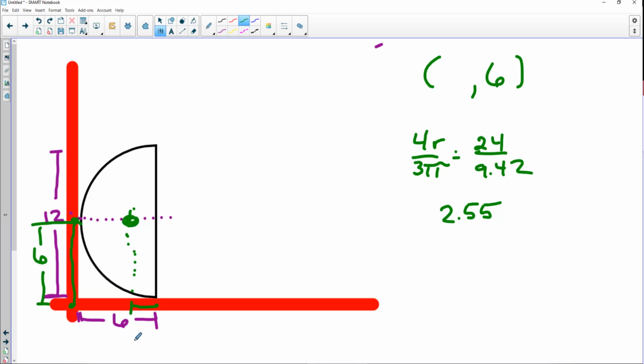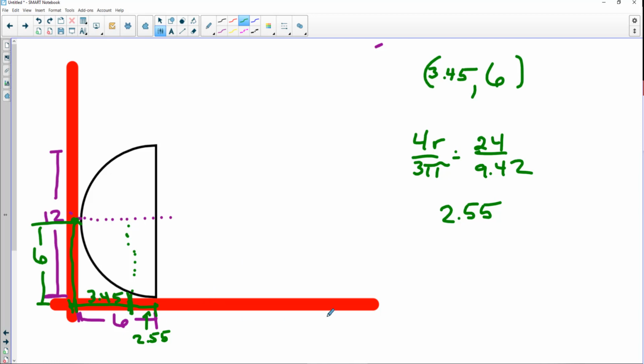But the question is, if this is 2.55 from here, then what is this amount? Well, 6 minus 2.55 will be 3.45. So from here to here is 3.45, so the coordinate would be 3.45.